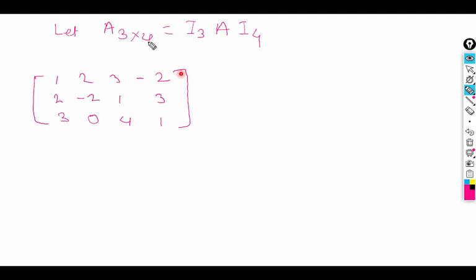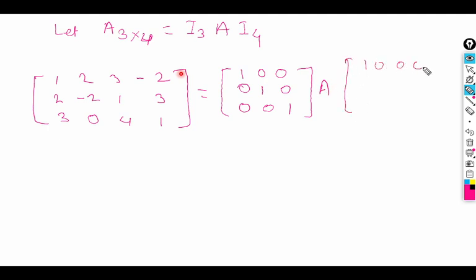Let the matrix A be written in the form of I3 into A into I4. On the other side, you have to write I3: 1 0 0, 0 1 0, 0 0 1, the matrix A, and then I4: 1 0 0 0, 0 1 0 0, 0 0 1 0 and 0 0 0 1. This is the identity matrix of order 4, and this is the third order identity matrix.